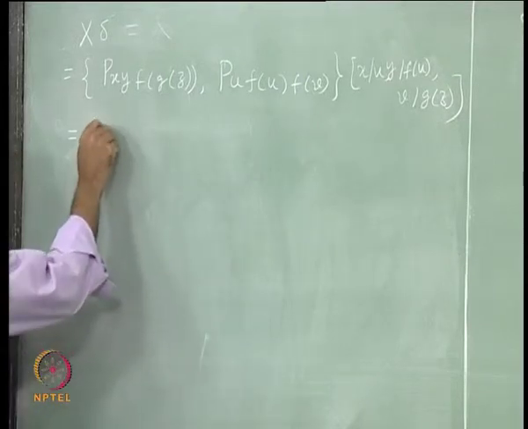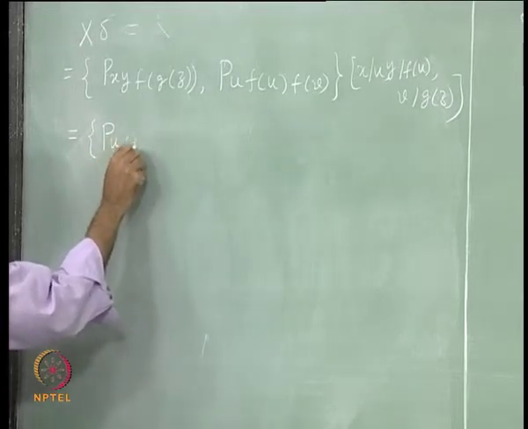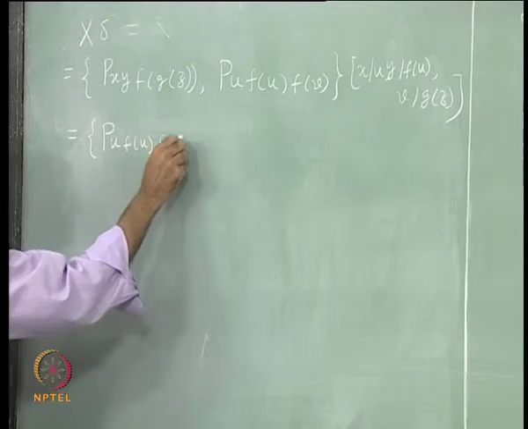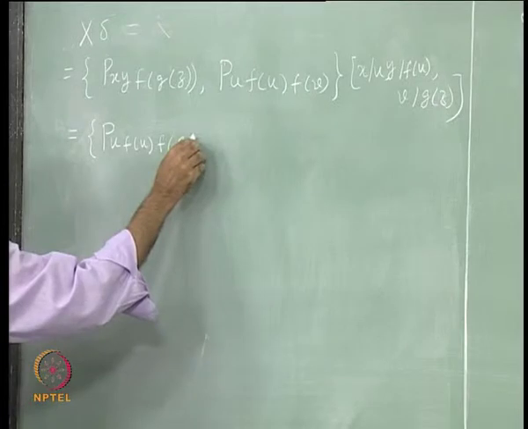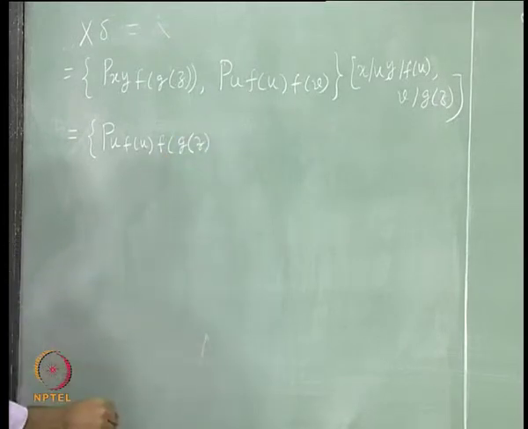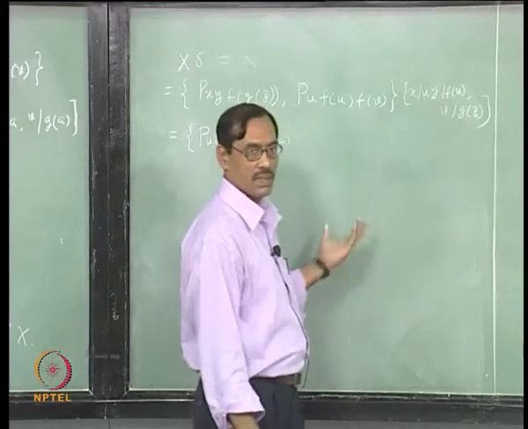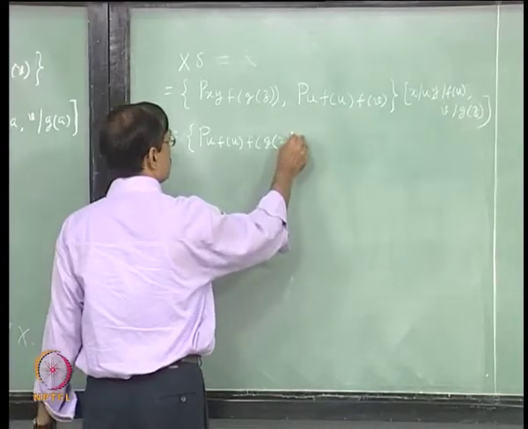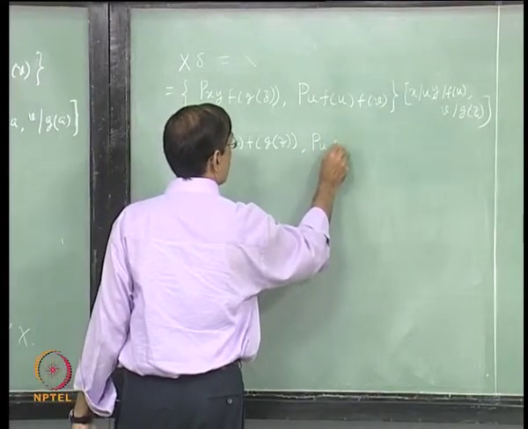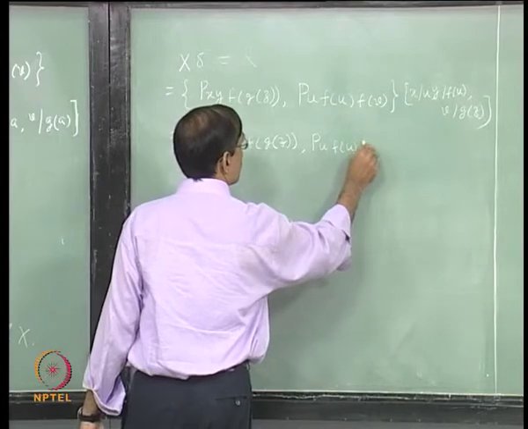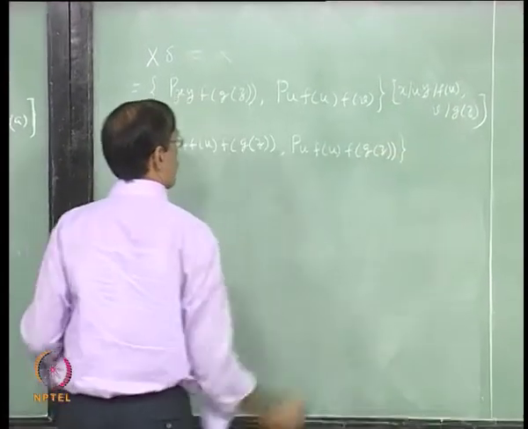So this is P. Now, x becomes u, y becomes f of u, and in f of g of z there is no change. So P u, f of u as it is, f of v is f of g of z, right.